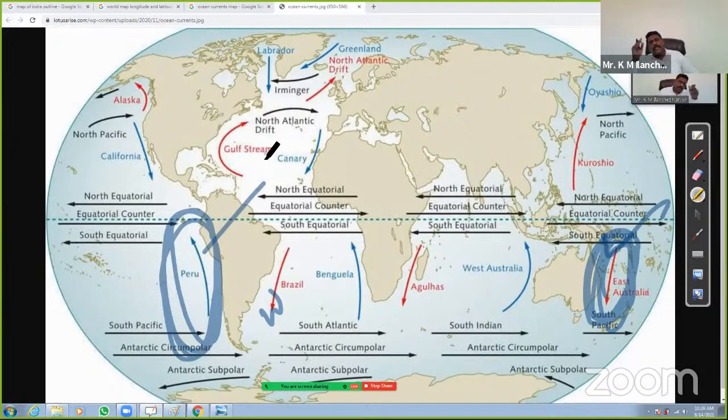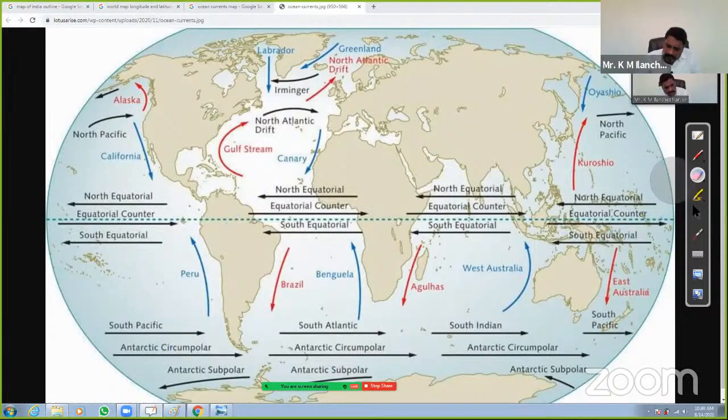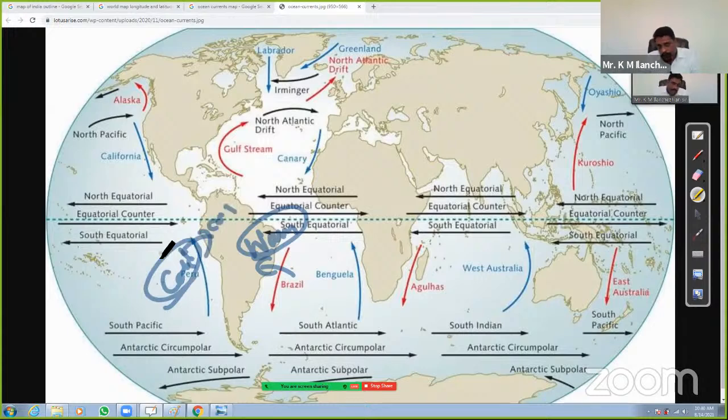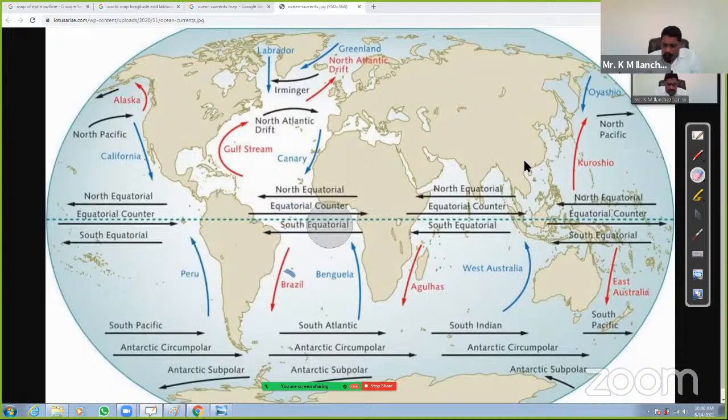Number two, wherever I have warm current, the adjoining land temperature will increase and it will become warm. Wherever I have cold current, the adjoining land becomes cold, right? Whenever the adjoining land becomes cold, this region becomes a high pressure, correct?